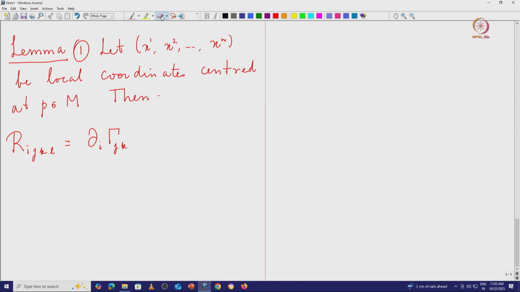Sorry, this should be upper l. So I'm looking at the components of the curvature endomorphism that has this nice explicit formula.